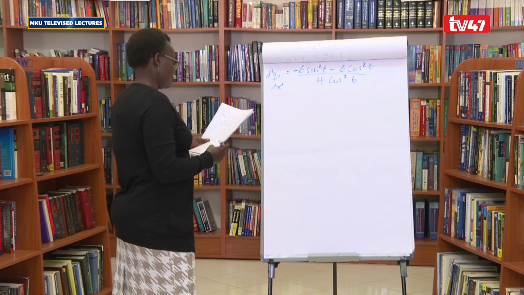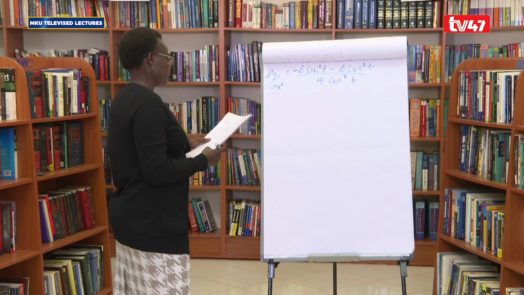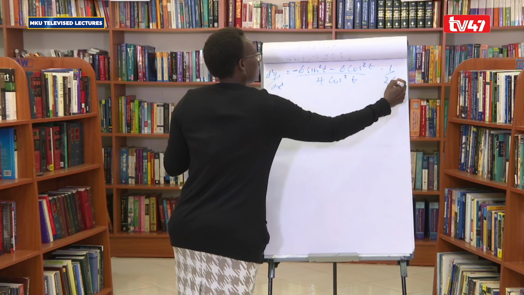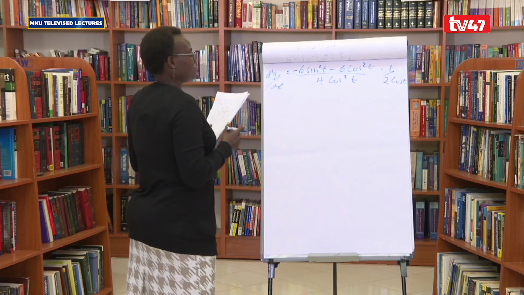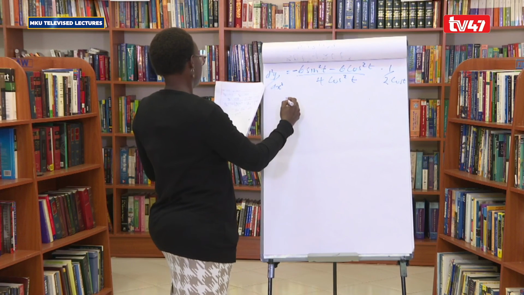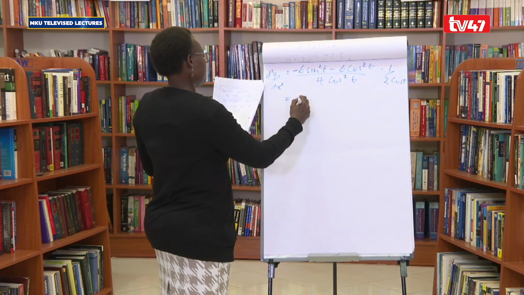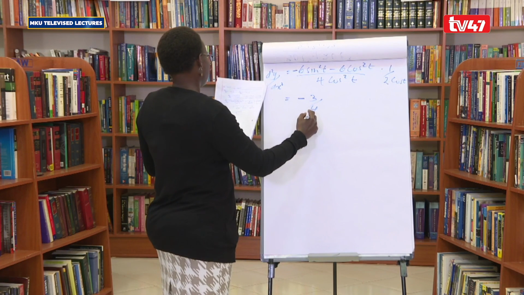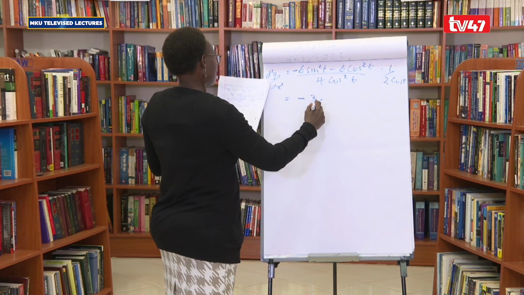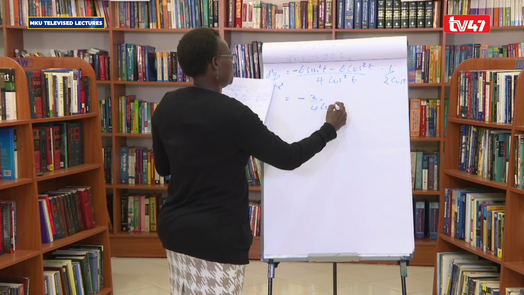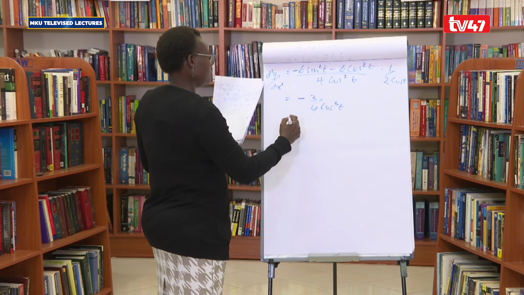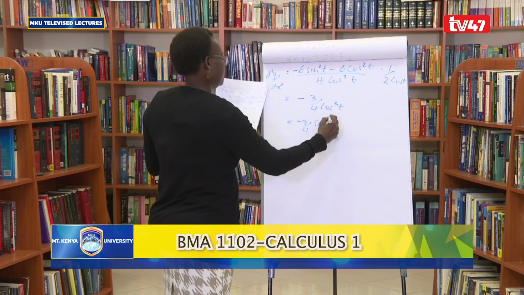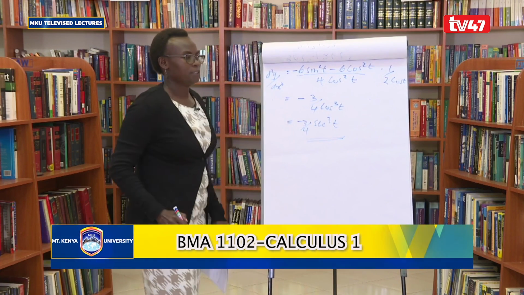And then we are supposed to divide by dx over dt, which is 2 cos t. So this will give us our answer, negative 3 over 4 cos cubed t, which is negative 3 over 4 sec cubed t.